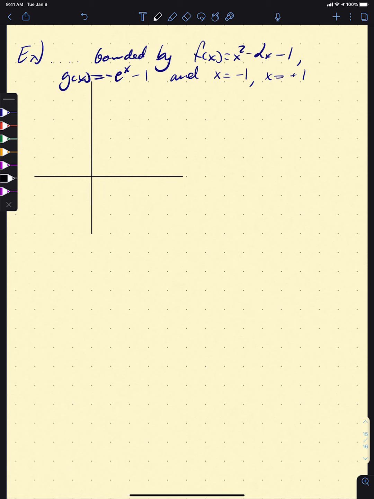Our parabola is going to have a vertex at 1, -2. It's going to come up like this. This is a little chunk of our parabola. I'm going to continue up this way and up that way. Our -e to the x minus 1 is going to have a horizontal asymptote at -1.